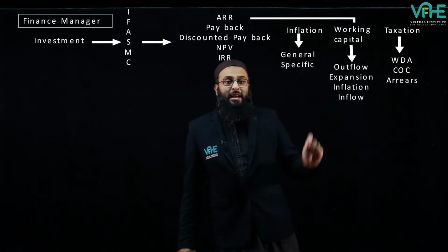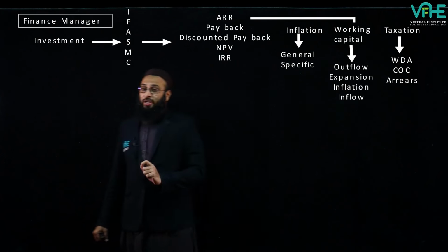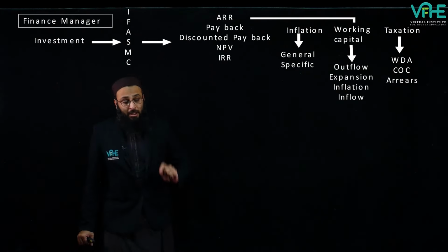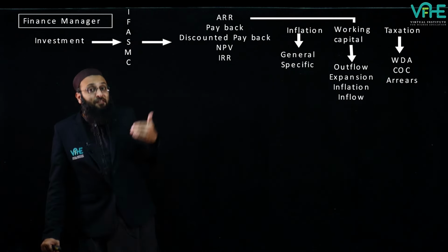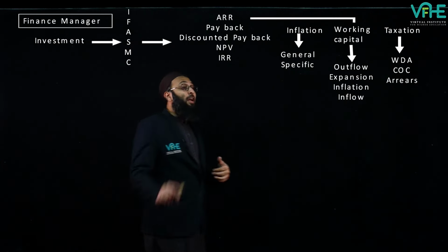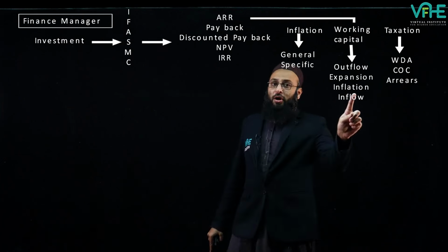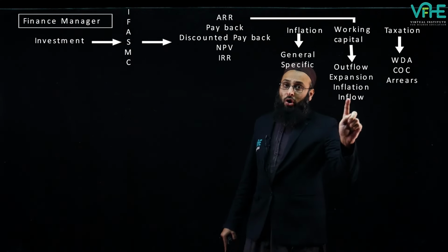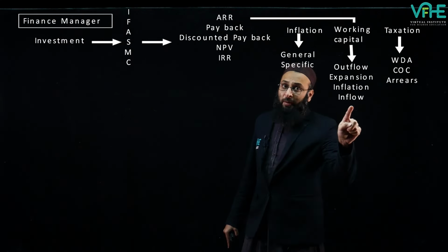And the last is, in the last year of the project, whatever you have invested in the name of working capital will be shown as an inflow, except if the project is in perpetuity, which means if the project is an ongoing project that will continue. So in that case, obviously, no need for that inflow.